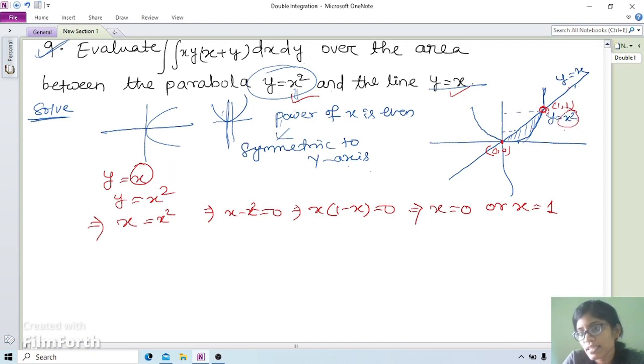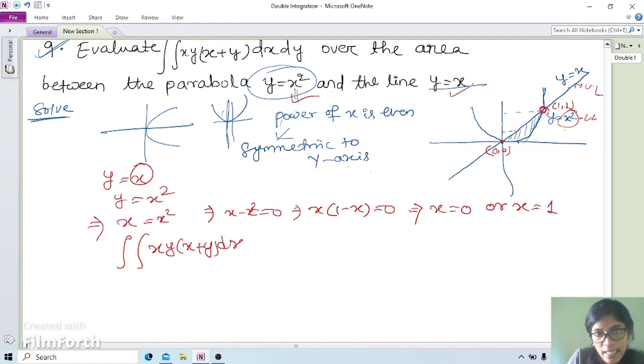That means taking this as the lower limit and this as the upper limit, the integration of xy into x plus y dx dy. Here the x limit is 0 to 1 and the y limit is x square to x.